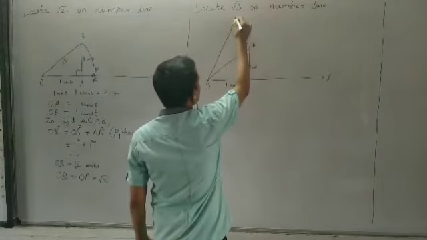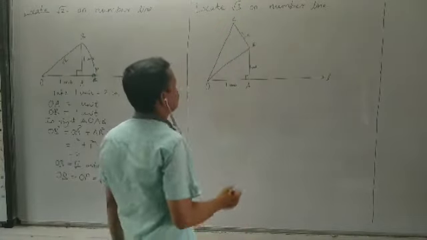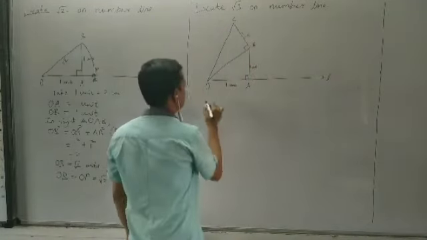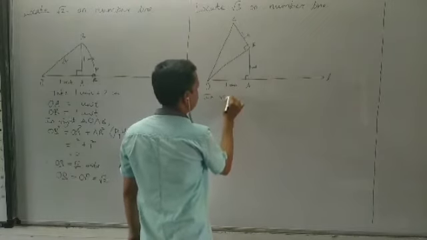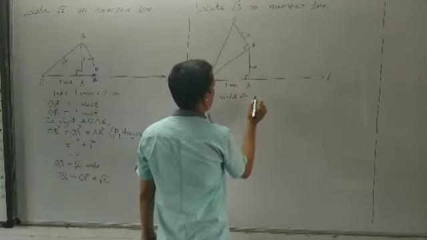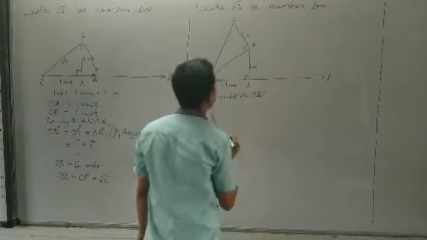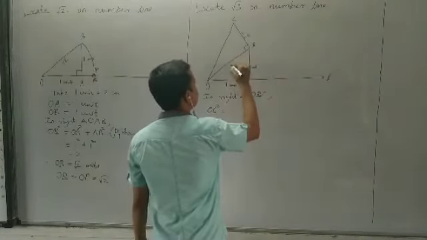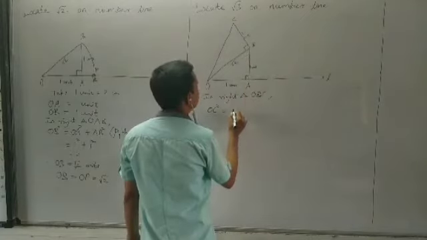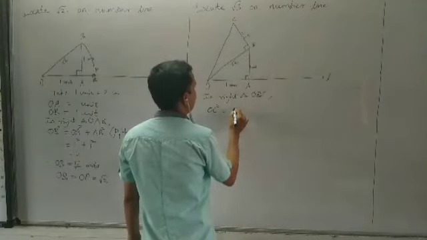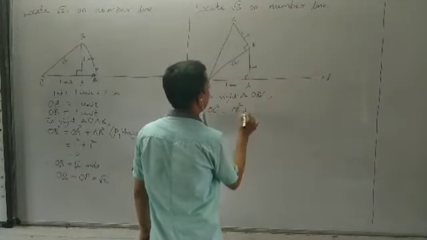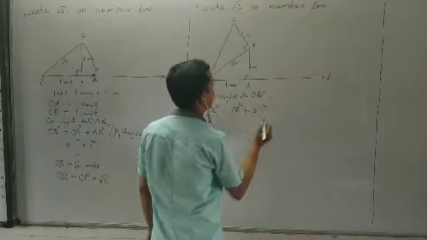Let it be C. Now this is the perpendicular, so in right triangle OBC, OC square is equal to OB square plus BC square.